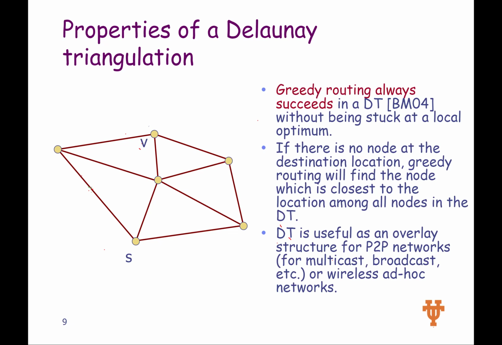All right. But with a Delaunay triangulation, there is no local minimum. It doesn't matter which node you start from. It doesn't matter which node you are routing to. As long as you are in a Delaunay triangulation, there is no local minimum. And this is proved by a paper written by Bose and Morin, BM, in 2004.